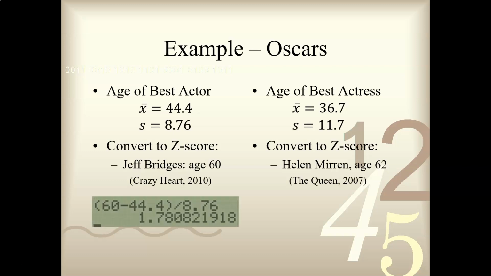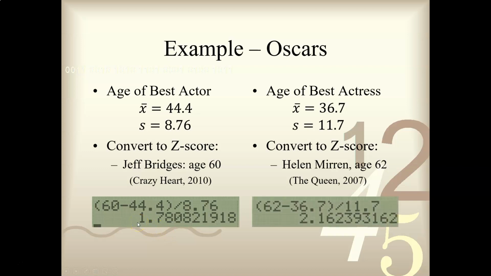So in your calculator, you take the age of Jeff Bridges minus the mean for all actors, and you divide that by the standard deviation. His z-score is 1.78. You do the same for Helen Mirren, and it's 2.16.